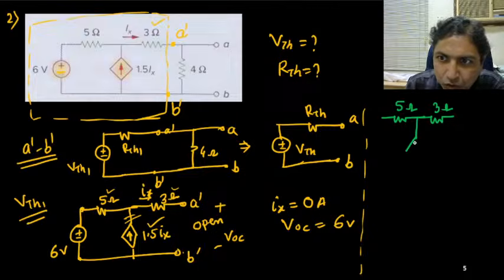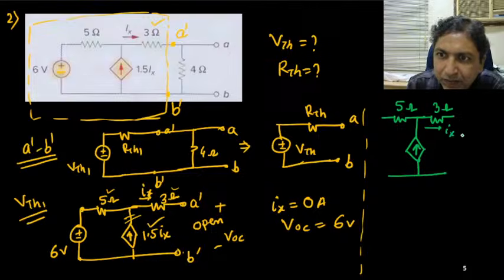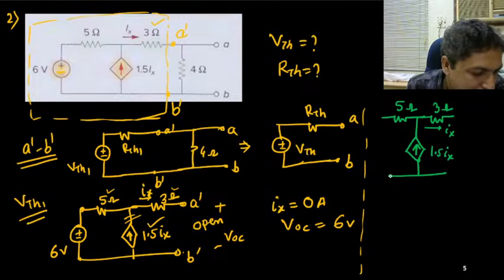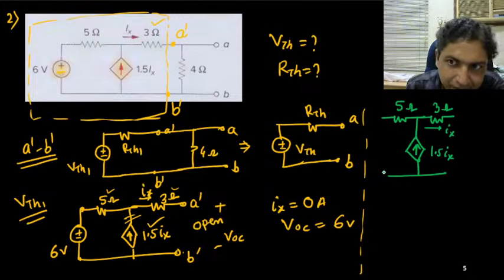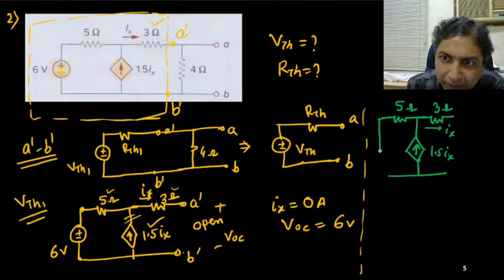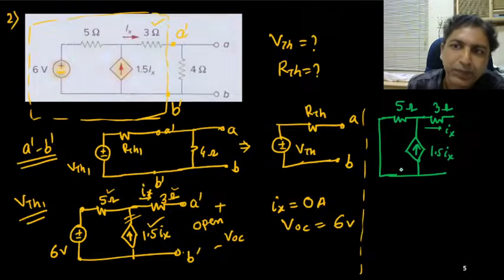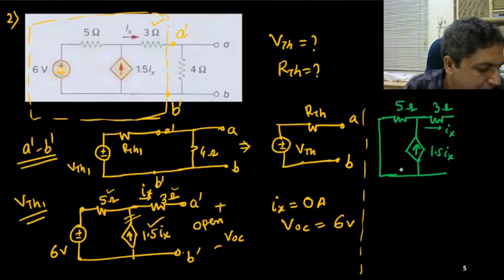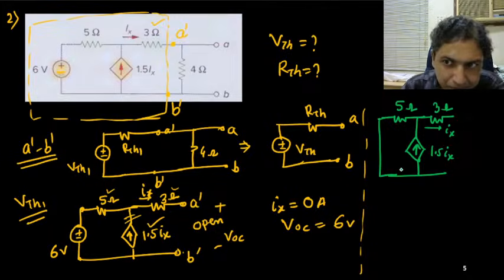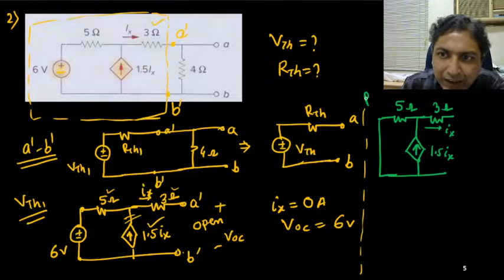The dependent source should be there, that I can't remove. If this is Ix, this is 1.5 Ix. But this independent source, I can make it shorted. Now we are going to find out RTH1.